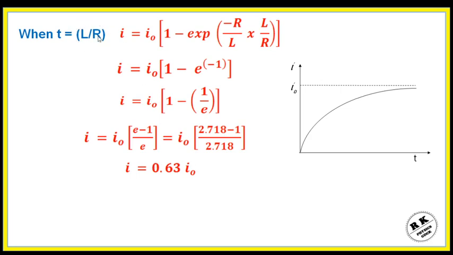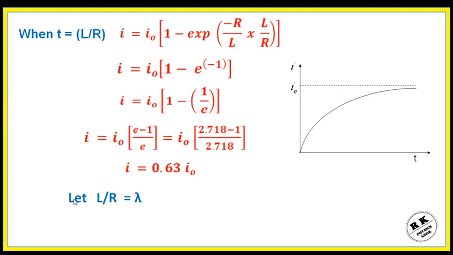This constant L by R is called as time constant. It is denoted by lambda. In some textbooks, it is also denoted by tau. You are free to use any symbol. We are representing it by lambda, but in some textbooks it is also represented by tau. You can represent either way.